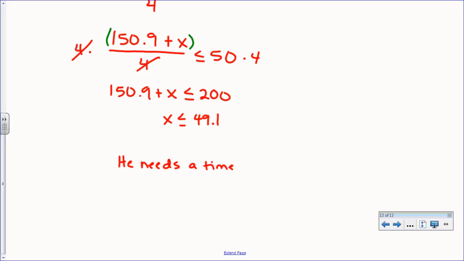So we need the time of 49.1 seconds or less. So when you describe your answer, something like that. Answer the question. Okay. Make sure you label, like you should have seconds there.